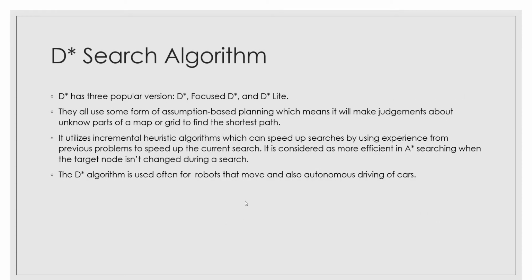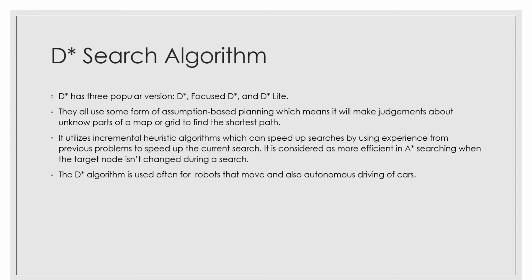Alright, the D-star search algorithm has three popular versions: D-star, Focus D-star, and D-star Lite. They all use assumption-based planning, which means it'll make judgments about parts of the map it doesn't really know about yet or hasn't traveled through. It uses incremental heuristic search, which speeds up searches by using the experience of previous problems to speed up the current one, and it's considered more efficient than A-star when the target node isn't changed during a search.